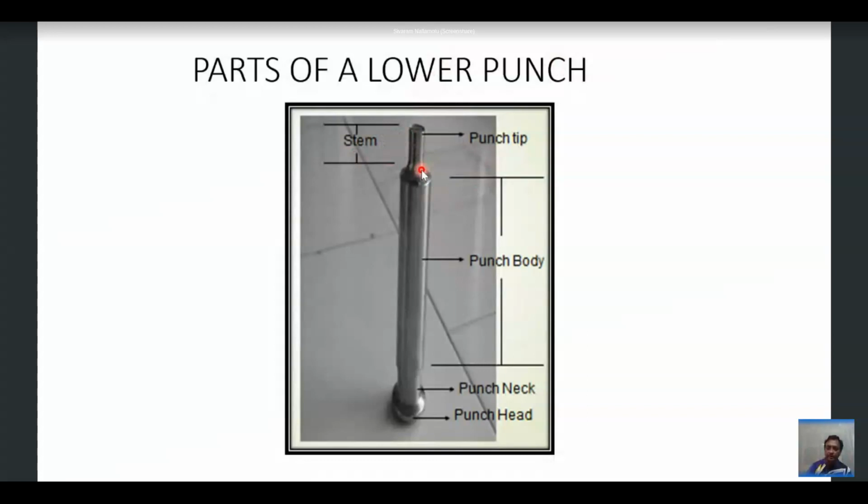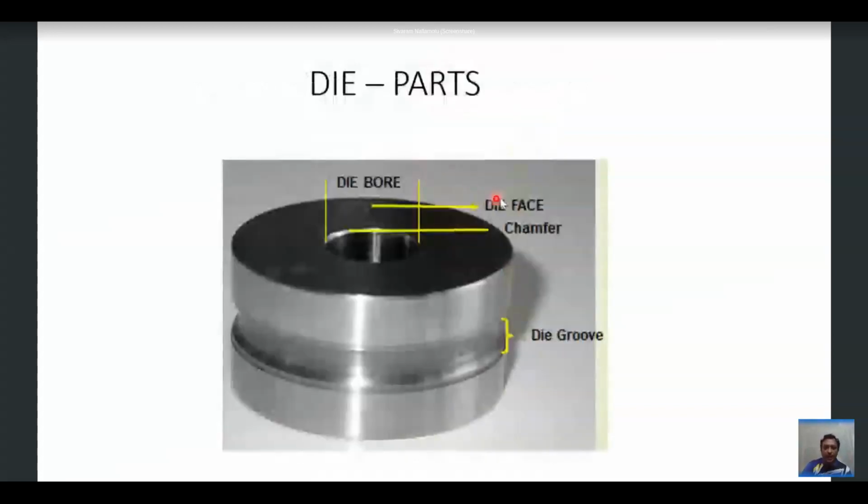Now let us see the various parts of the die. The main purpose of the die is to hold the granules in this bore and to go for compression. This is a solid steel component which has some weight, and this die is mainly responsible for giving the shape of the tablet.